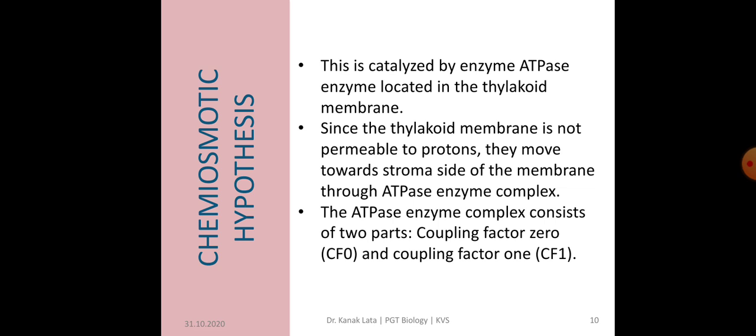The formation of ATP is catalyzed by the enzyme ATPase, which is located in the thylakoid membrane, but the thylakoid membrane is not permeable to protons.